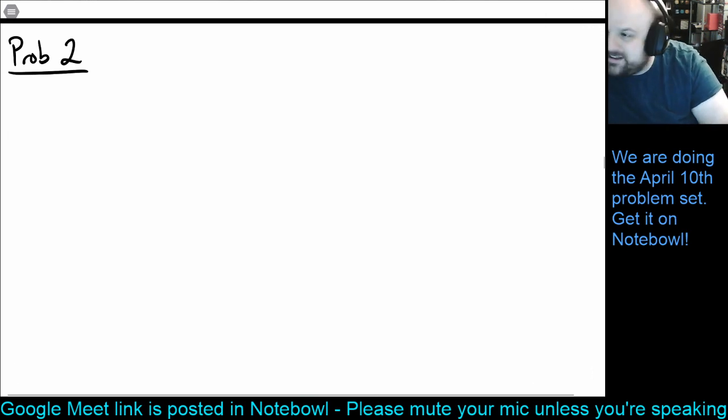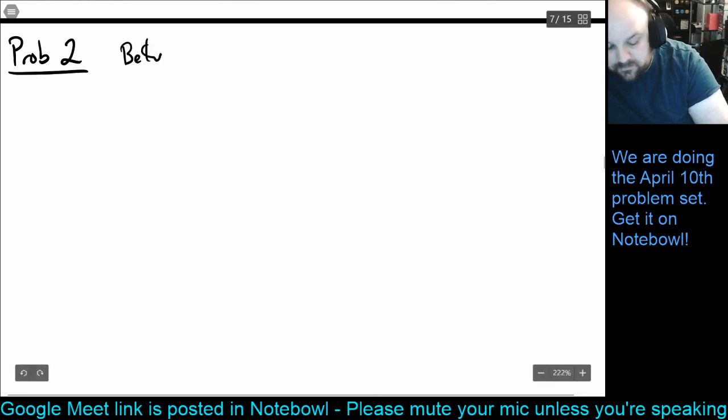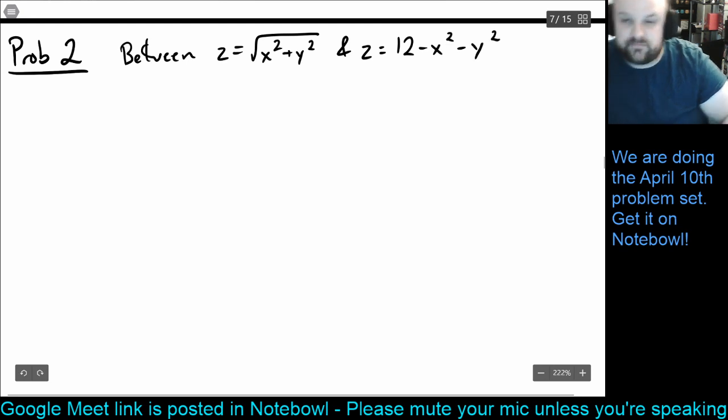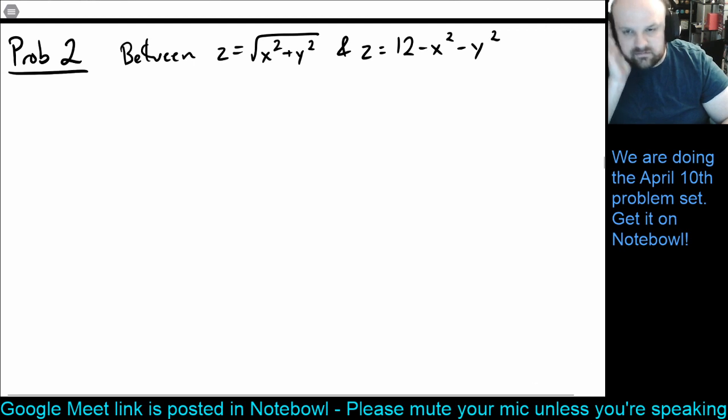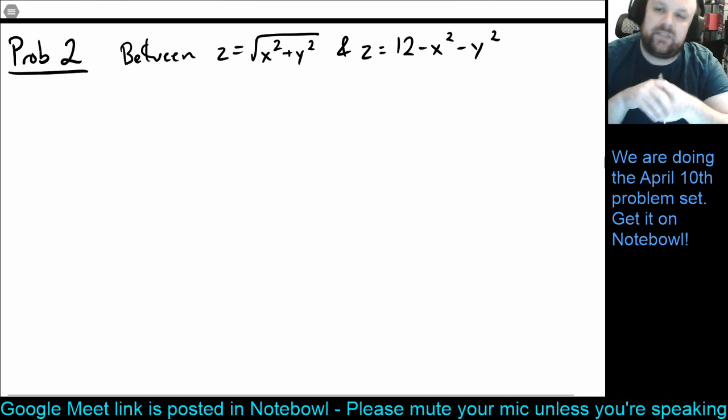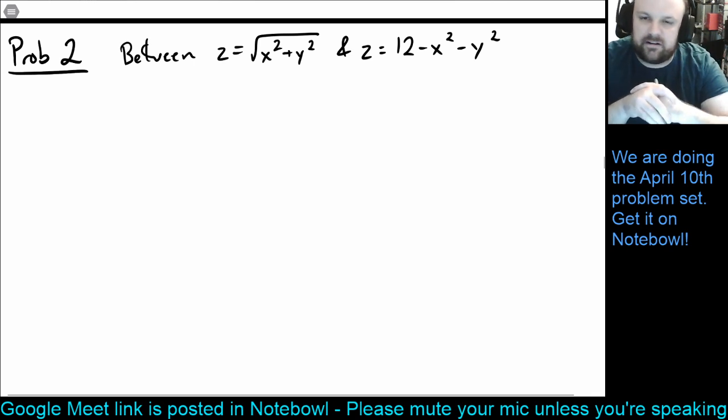All right, so we want to find the volume between the cone, z equals square root of x squared plus y squared, and the paraboloid, z equals 12 minus x squared minus y squared. So when we look at these, we want to figure out how we want to set this up.